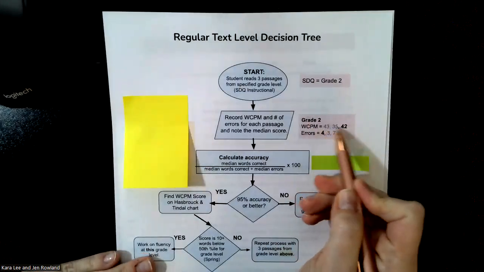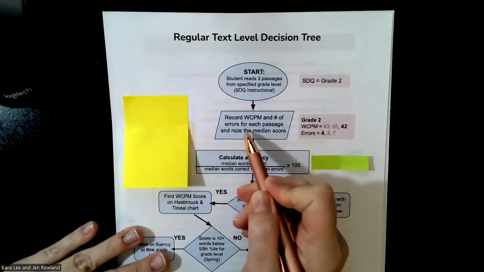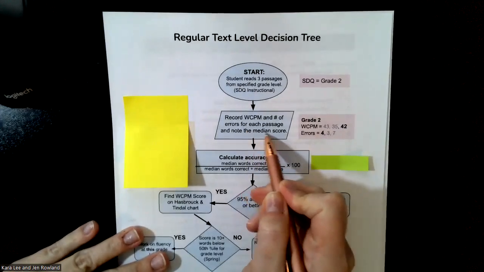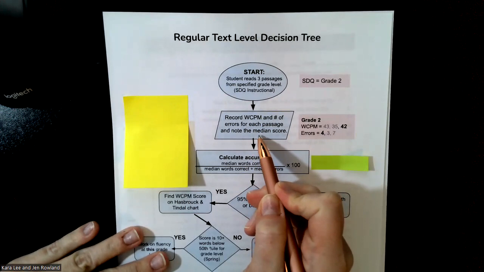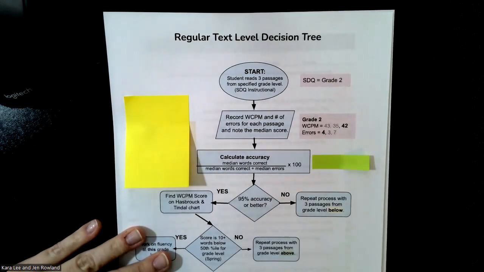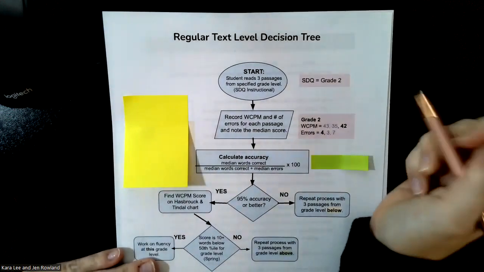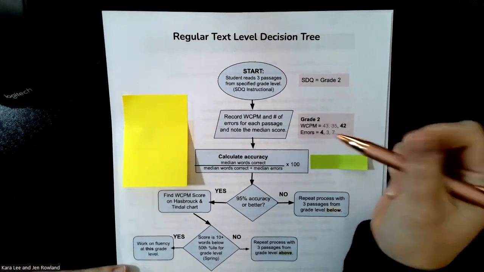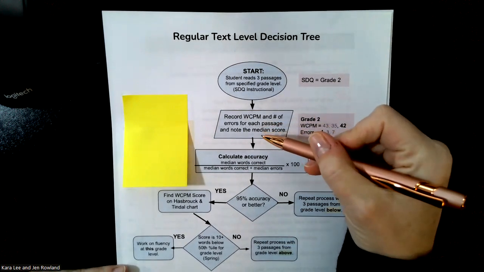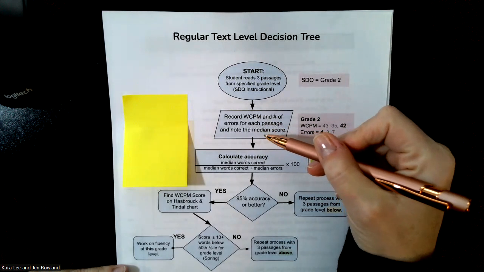Okay. So here those are. I need to note the median score. Okay, mean, median, and mode. We talked about that in the assessment lecture, just about assessment in general. Median means middle, not average.